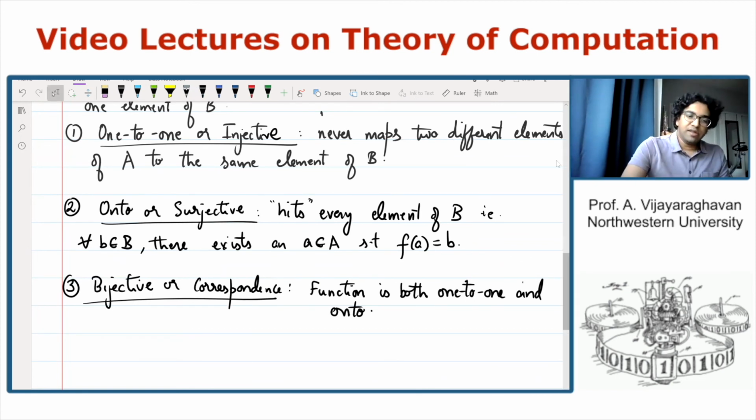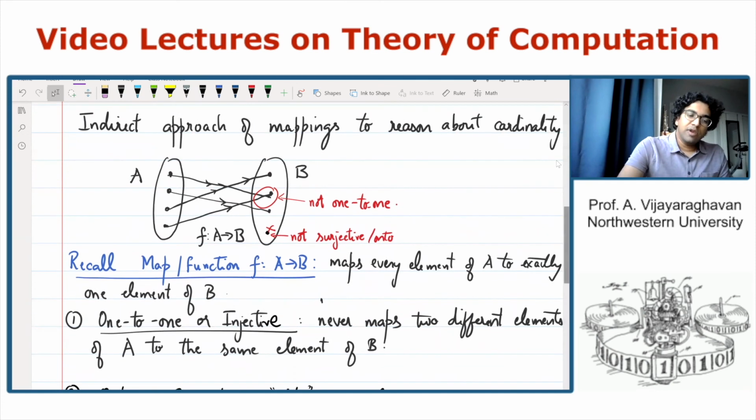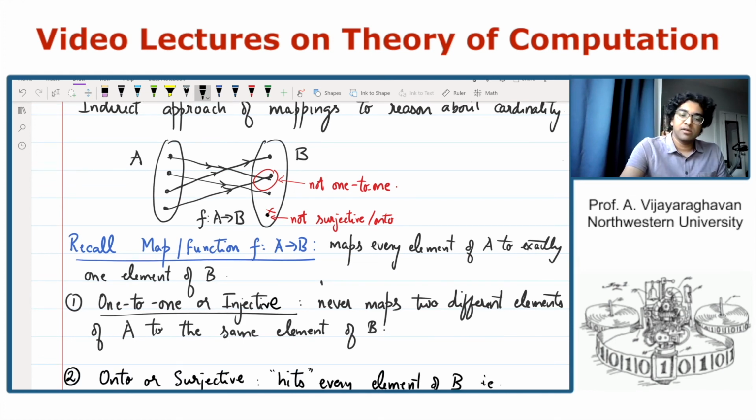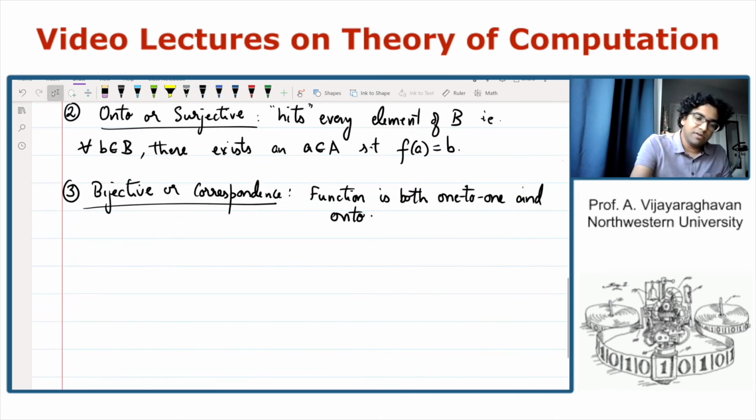What that means is that in this figure, every element of B has exactly one incoming arc, not two, not zero. So this figure will look perhaps like this.